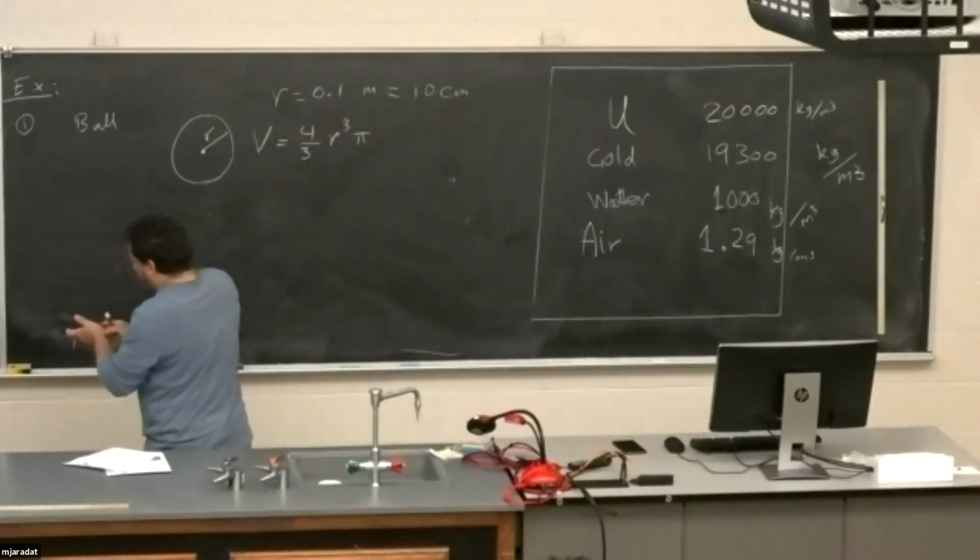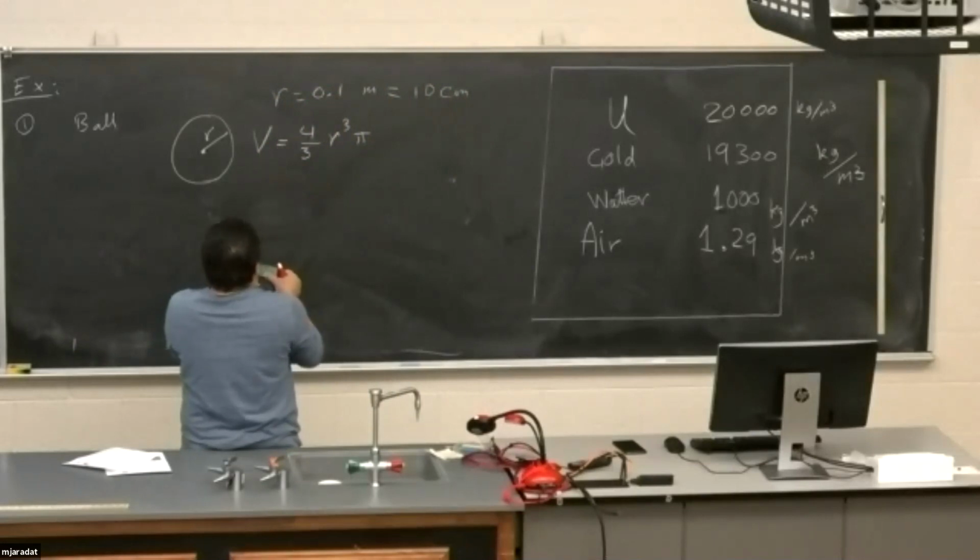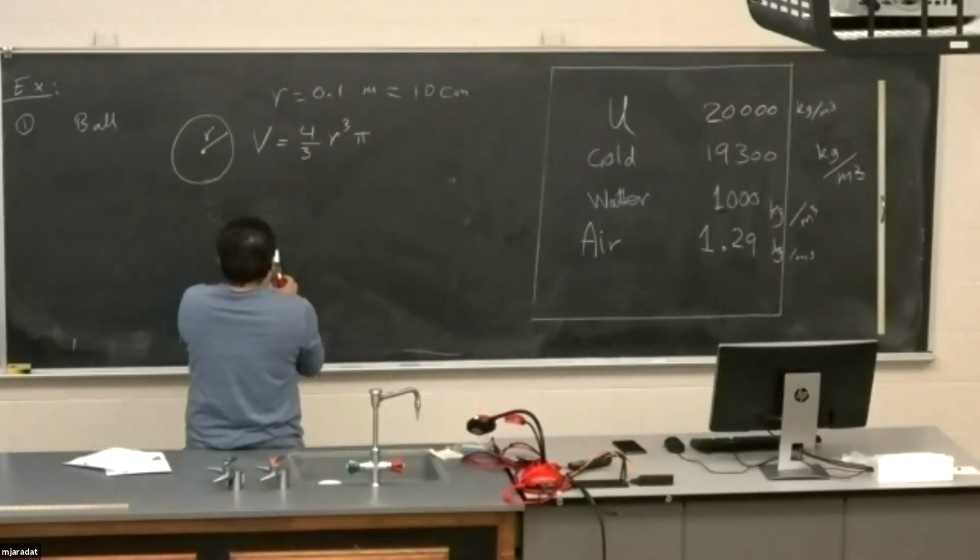Now I have my calculator and I am very good at using it. I have 4 shift pi by 0.1 cubed over 3, right?